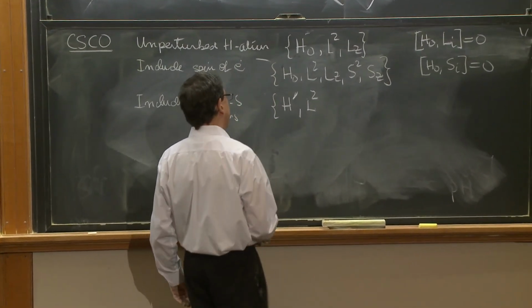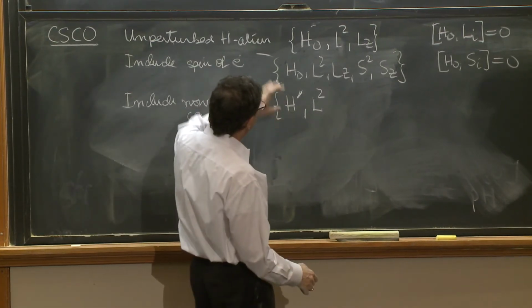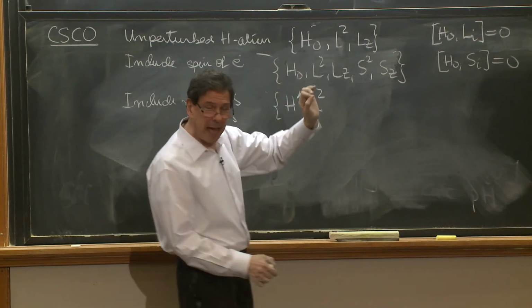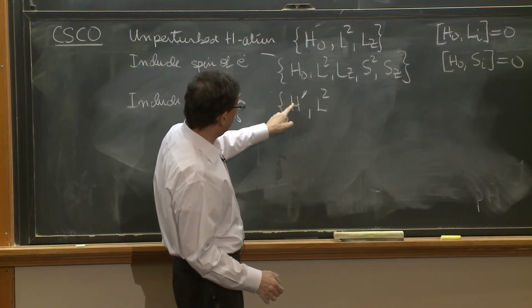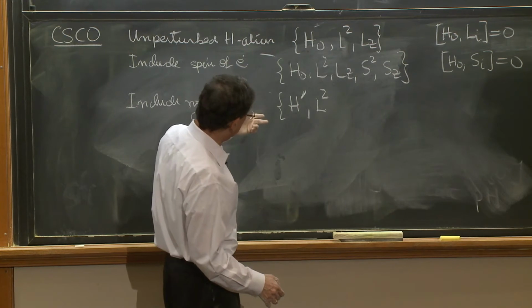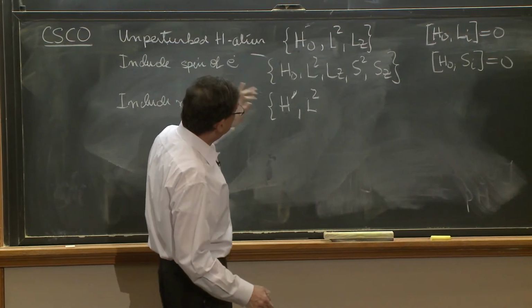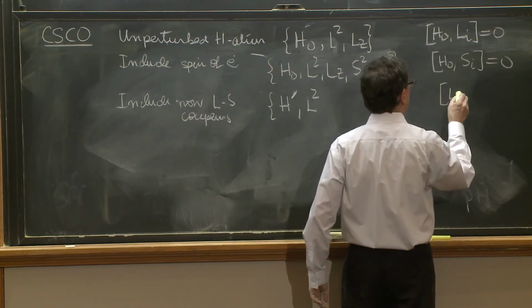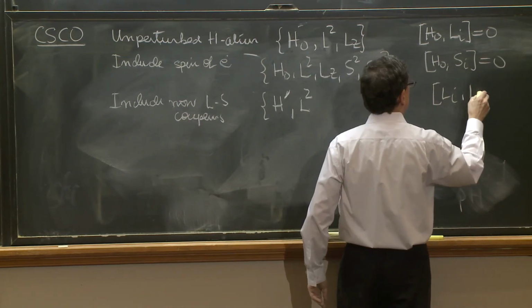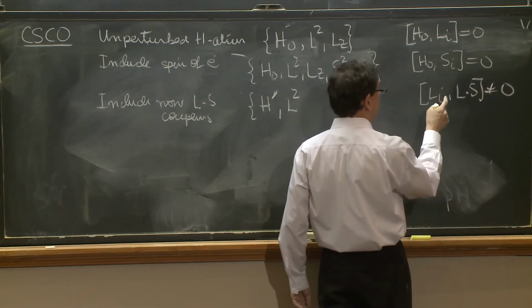Well, H prime now has H0 plus L dot S. So I have to ask, L squared did commute with H0, but does it commute with L dot S? Actually, it does. But Lz with L dot S is non-zero because we have an Lx.